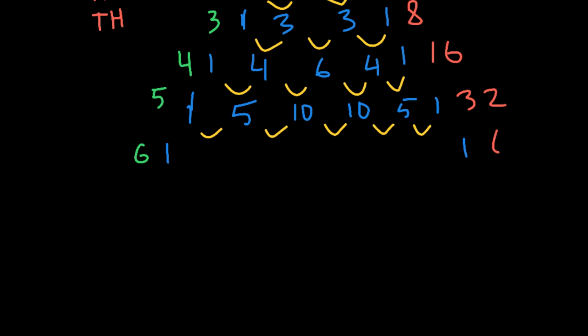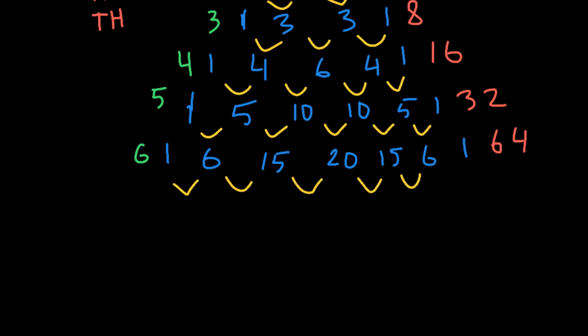Once again we are going to get 64 here, and numbers would be as follows: 6, 15, 20, 15 and 6. Now we also have to combine numbers for the next row, and this is going to be row number 7.